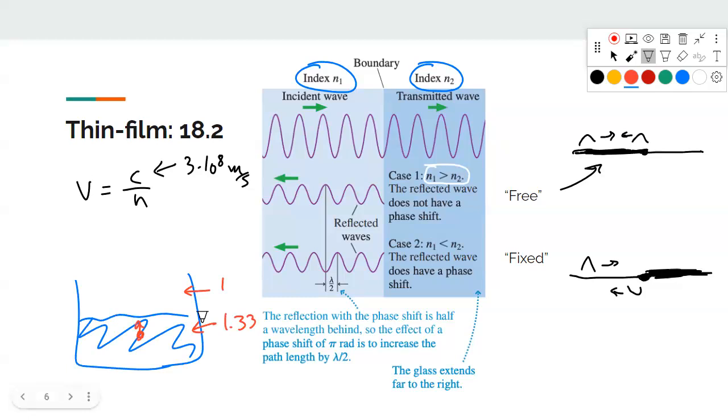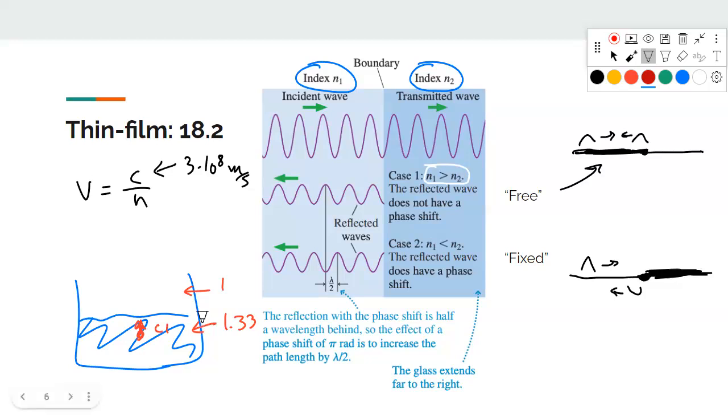So shining a flashlight from underwater out of a pool would be case 1. And in that case, it acts like a free boundary. The reflected wave has the same phase as the wave that is incident on the boundary.